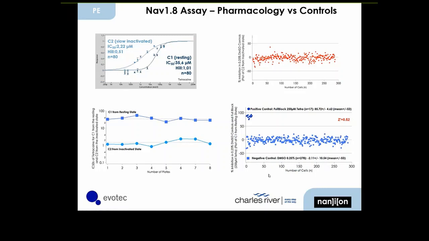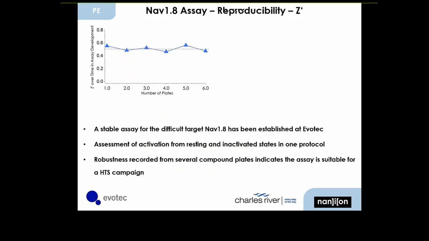And we were happy to see that the Z prime values are also very stable and above a value of 0.5, which gives a good idea how good the assay is.